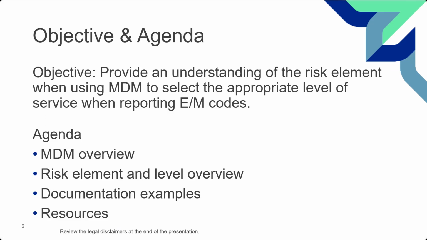We are going to go through some documentation examples for those risk elements to show you how we are seeing things come in. That's also going to include a little bit on prescription drug management. That is definitely a hot topic, and we'll get to that a little bit later on. We're also going to provide you in the resource section with some additional resources that can help you when you're using risk to select your level of risk and using MDM to select your level of service.